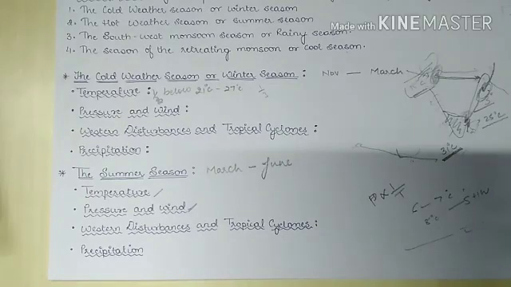The areas which have a high incidence of thunderstorms are Assam, Arunachal Pradesh, Nagaland, Mizoram, Manipur, all the seven sisters, then West Bengal, some part of Odisha, then Jharkhand.